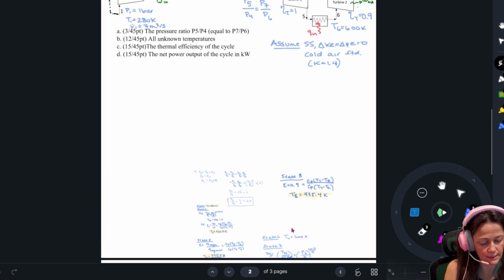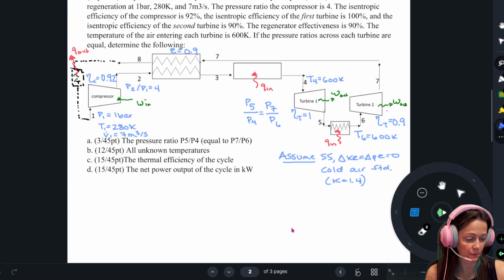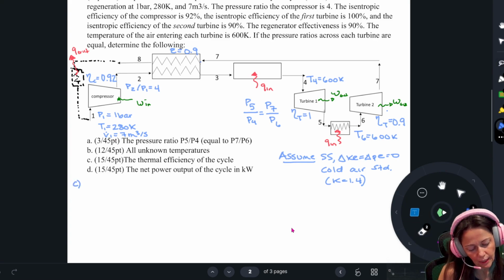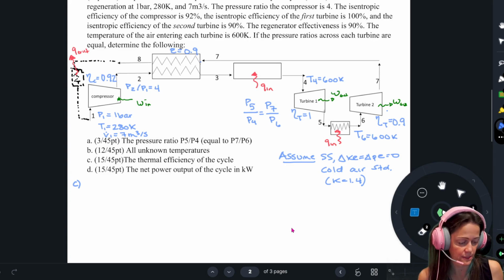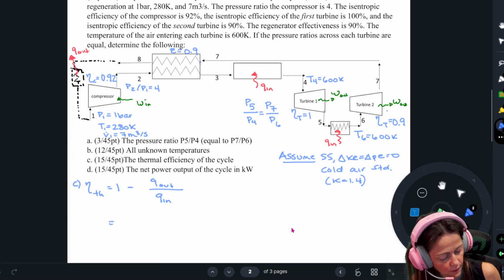So let's get our governing equations, because that was where people lost a good amount of points. So part C, asking about the thermal efficiency of the cycle. Your thermal efficiency is 1 minus Q out over Q in.